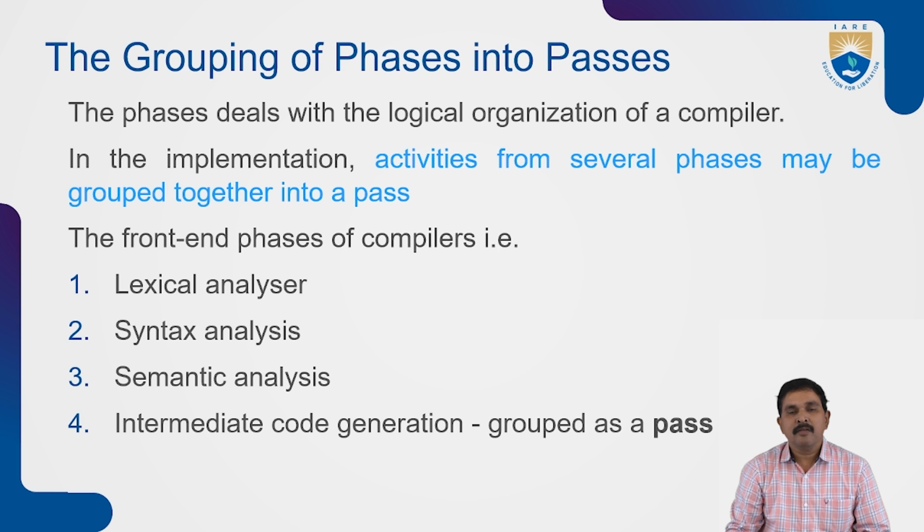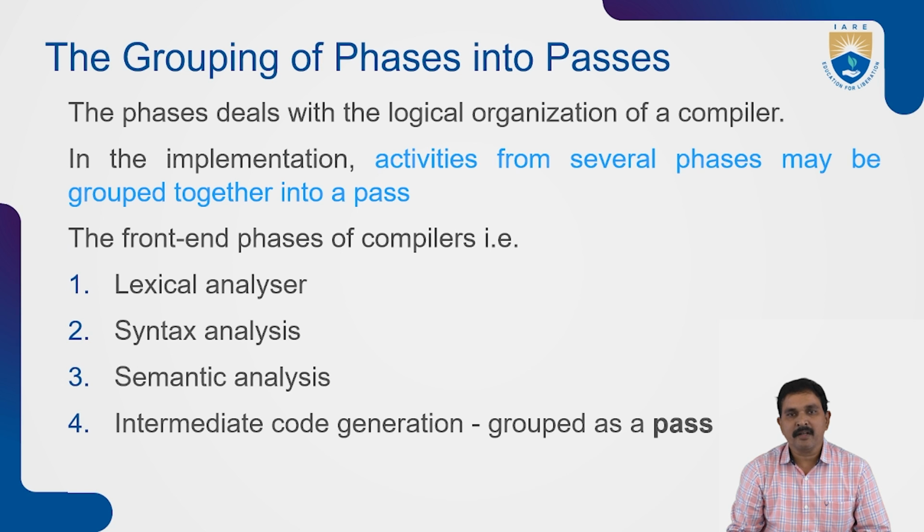After that, we have to know some terminologies in the compiler. What are phases? You are already aware of the phases. And what are passes? Here I want to make a group of some number of phases. That is called a single pass. The phases deal with the logical organization of a compiler.